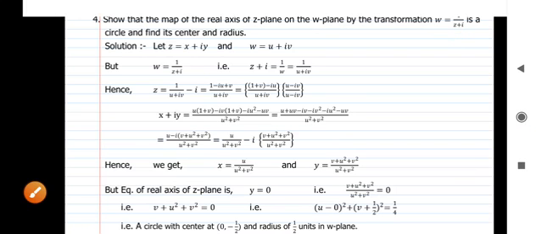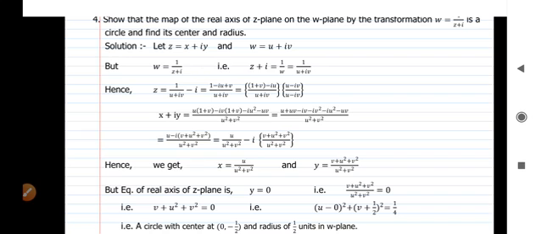So in this case real axis is mapped onto a circle. So in this way we can solve examples where you are given some region in z plane and you are given transformation w equal to some function of z.